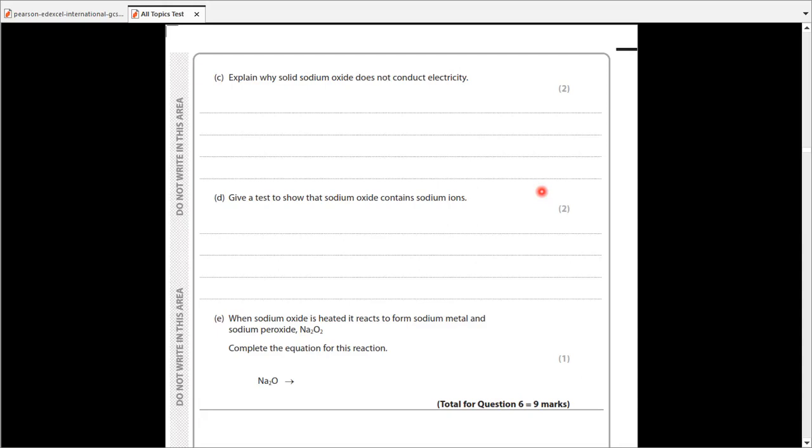So there are no free to move ions or electrons to carry the charge, and the ions are bonded under strong forces in a lattice. This would complete the answer for both the marks. So the 2 points are no free ions or electrons, and the ions are strongly bonded in a lattice structure.